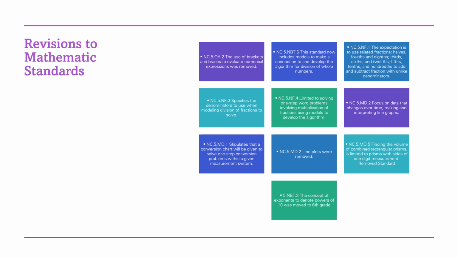To ensure students in fifth grade are receiving quality teaching over quantity, revisions were made to specific standards. These revisions were made to be more explicit in what students should be focused on and what should be taught and learned. You will notice on these slides with revisions to mathematical standards that it gives very explicit details on what to teach on particular standards where in previous years it may have been unclear.